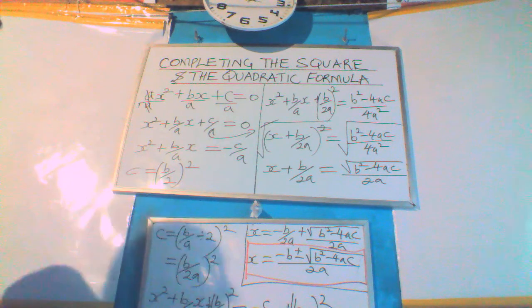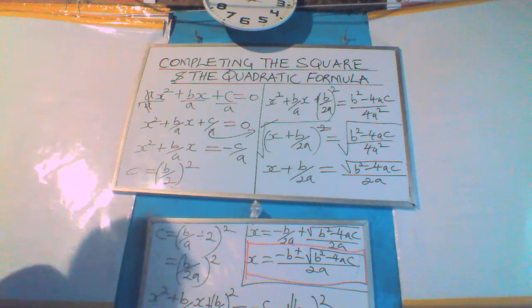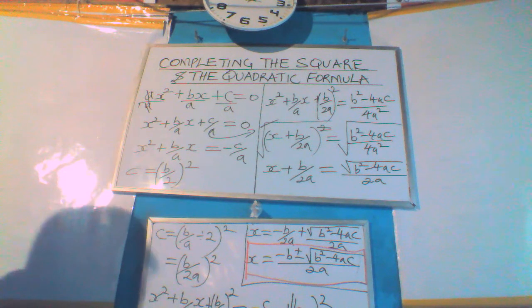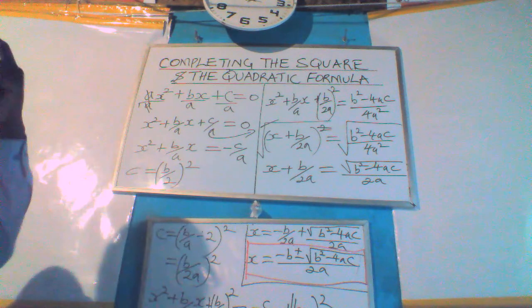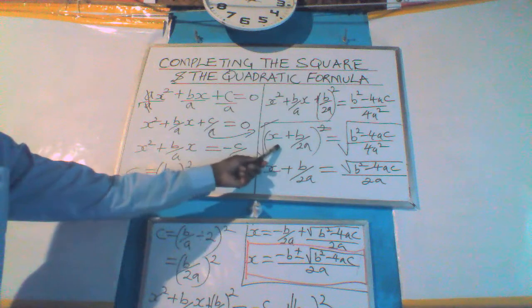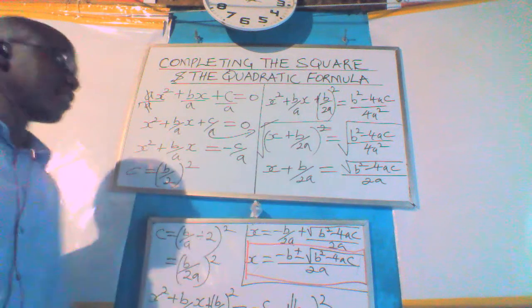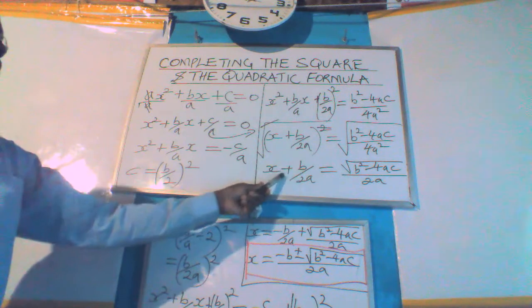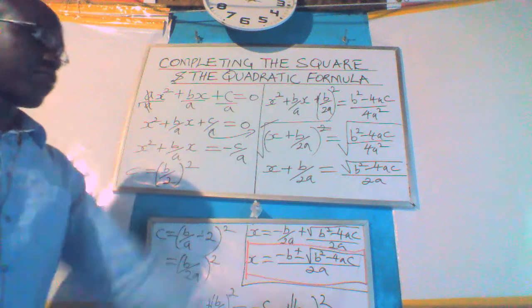The fifth step is simply to eliminate the powers. To eliminate the powers, we used the quadratic identity, which gave us power 2, and then we introduced the square root signs on both sides, which reduced us into x plus b over 2a is equivalent to root of b squared minus 4ac over 2a.